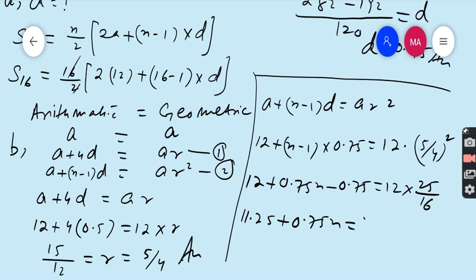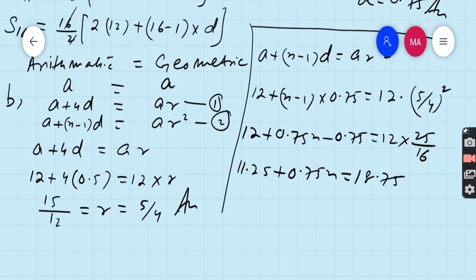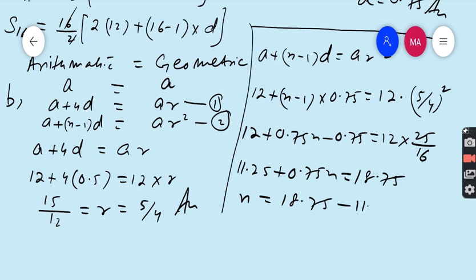By using a calculator you will have 75 upon 4, you can check, and 75 upon 4 you can also do this. 12 into 25 upon 4 is 18.75. Hence the value of n is equal to 18.75 minus 11.25, and this must be divided by 0.75.